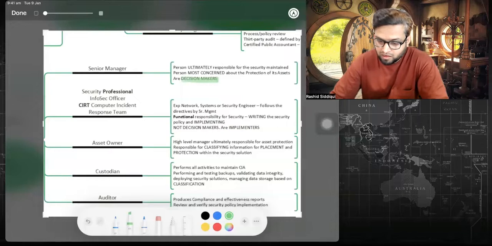So the assets are not only the assets belonging to IT, there could be non-IT assets as well. It could be some data in a physical file or some locker, some documents. The person who is ultimately holding the responsibility of the information in those kinds of documents or systems, they are the asset owners, right?